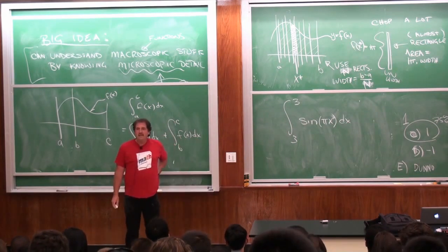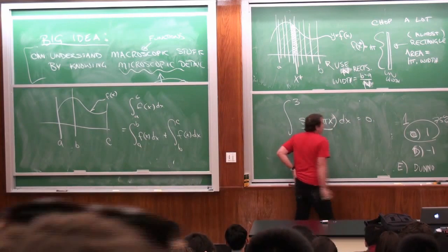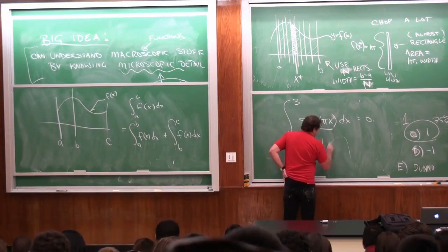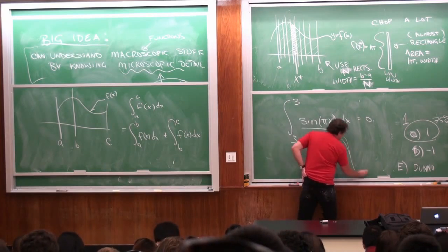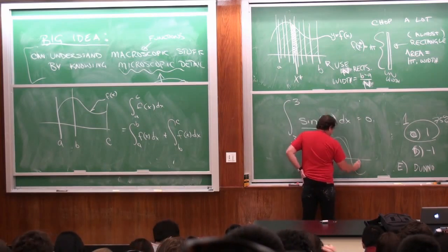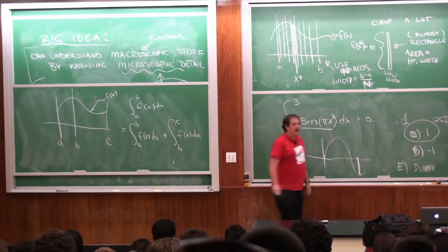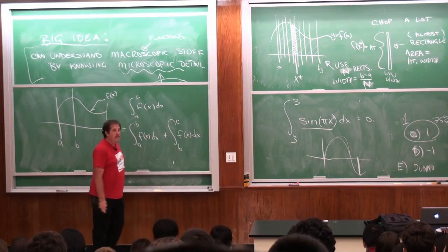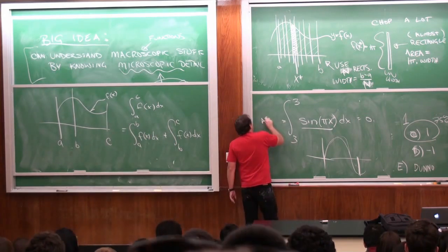What is this? 0. Better be 0. Doesn't matter what function I put here, because we have this function sine pi x, and we're at 3, so we must be here. And we're asking, what is the area of that line? The area of that line is 0 because it has no width. Right? This is the area of the line.